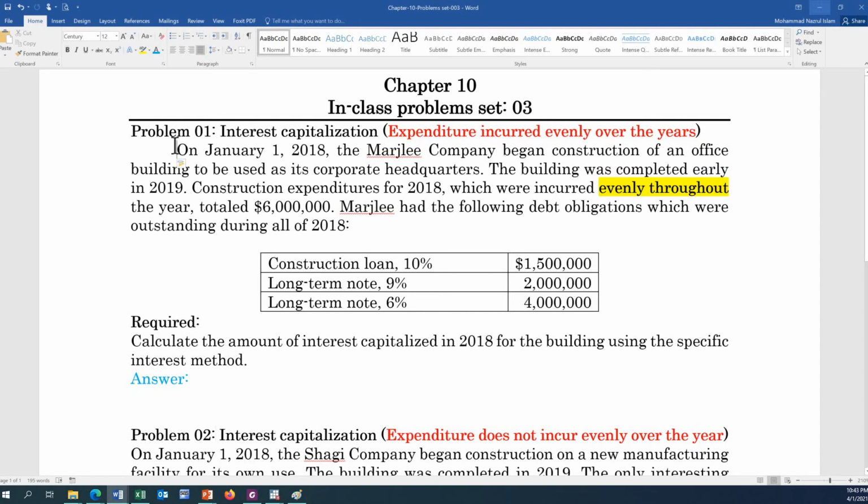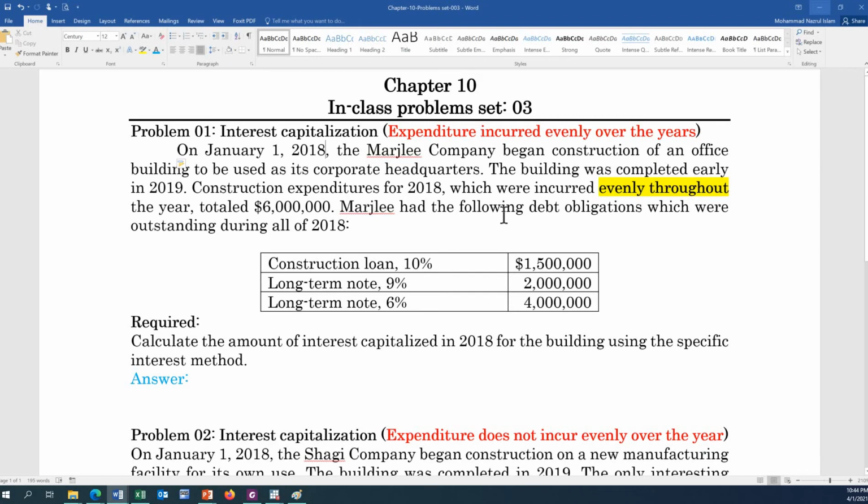So the first one: on January 1, 2018, the company began construction of an office building to be used as its corporate headquarters. The building was completed early in 2019, so it means 2 years. Construction expenditures for 2018, which were incurred evenly throughout the year, totaled 6 million.